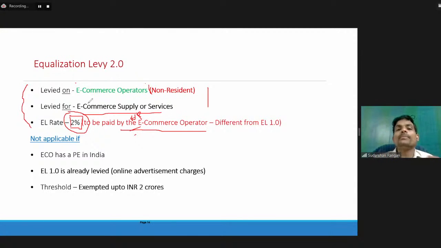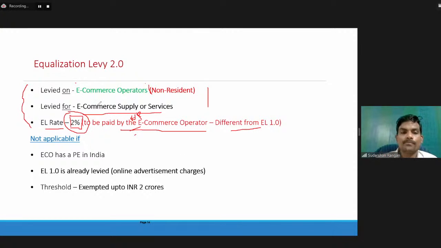So they have put the burden on the non-resident e-commerce operators to pay. So here it's like a proper payment of income tax. So no withholding taxes. They say you yourself pay 2% on the consideration you are receiving. So this is equalization levy 2.0 in a nutshell.